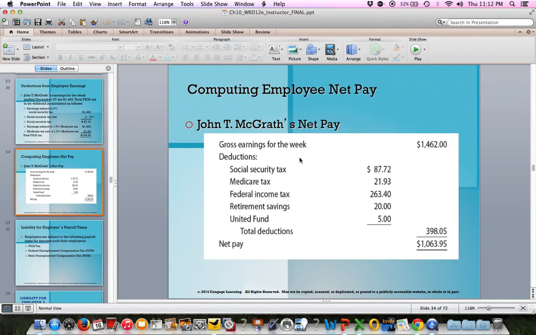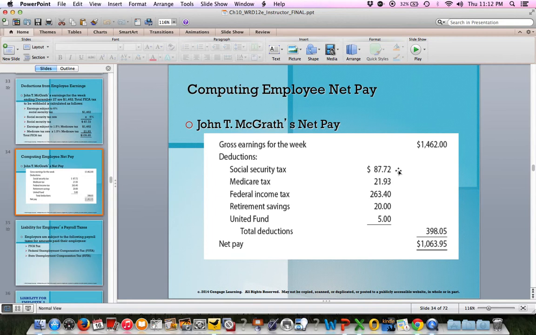Okay, so quite often you look at the pay stub of any paycheck that you receive, you have the gross amount, the amount for McGrath at the top for the week, less deductions, and you can see that McGrath is being charged 6% Social Security, 1.5% Medicare.